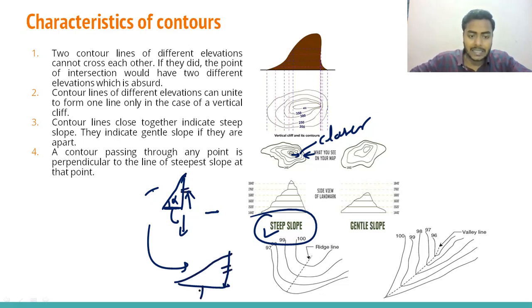This has increased, so the alpha 2 value will be decreased compared to alpha. Right? So this will show the gentle slope. It means when the two contour lines are apart from each other, that will show a gentle slope. So by looking at these contours, we can get an idea about the actual features of the ground.